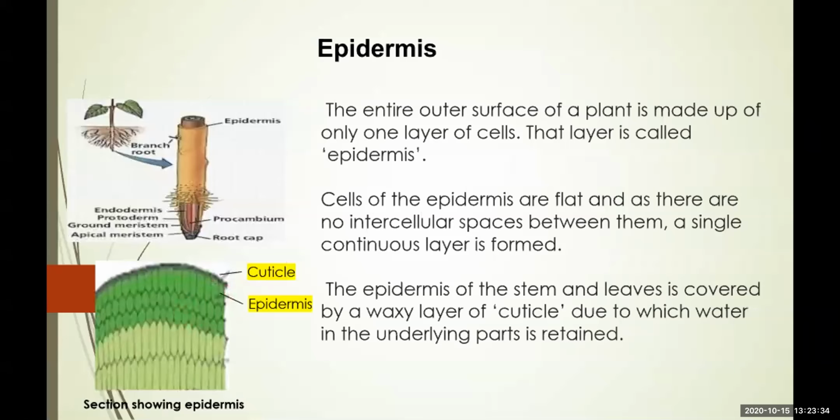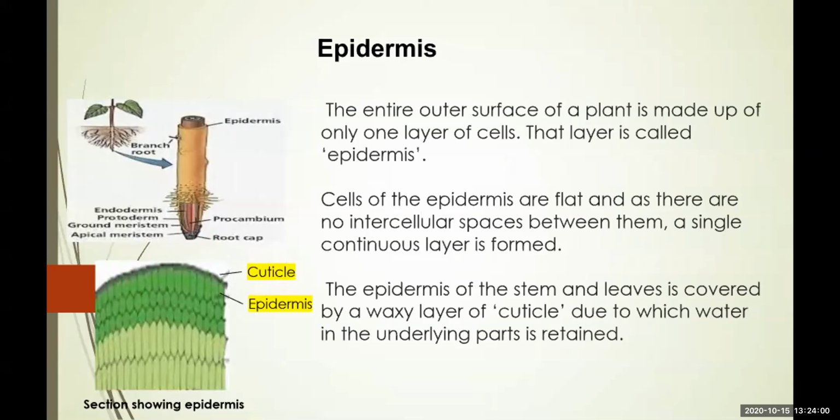Then you can see the upper layer that is known as cuticle. This is the waxy layer that is present on the epidermis. Now, why does this help? Cuticle is a waxy layer, so it prevents the water from evaporating at a faster rate from the plants.